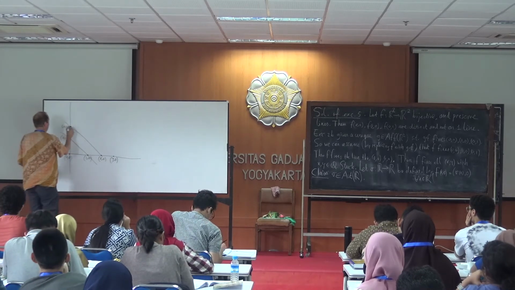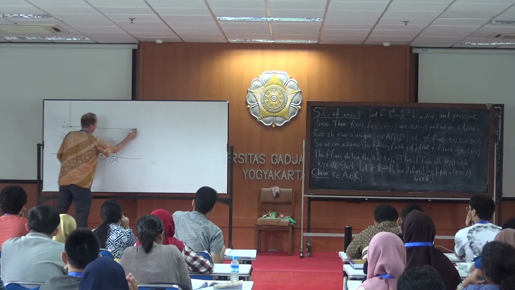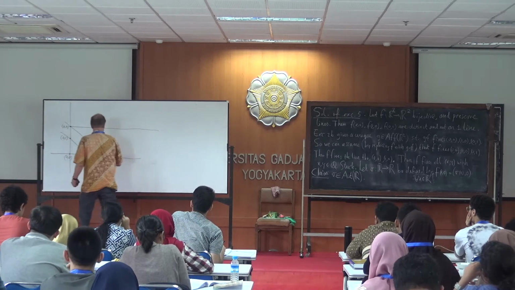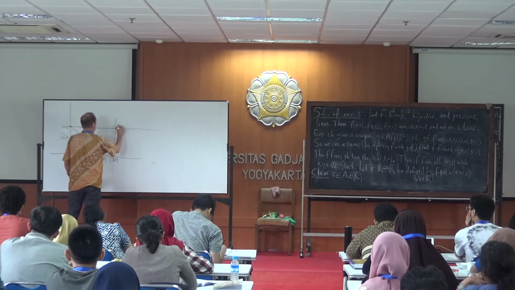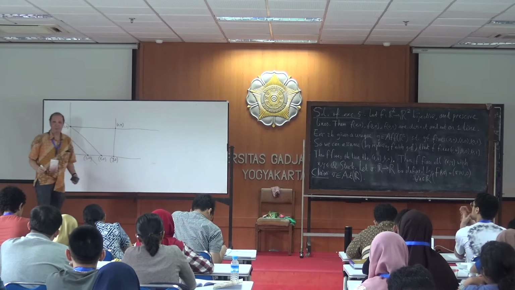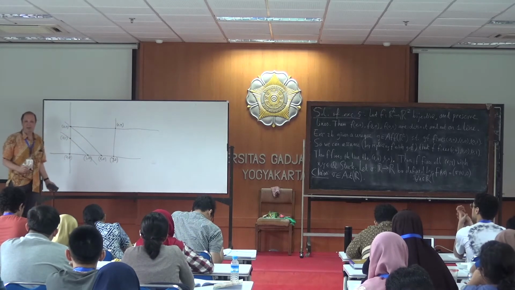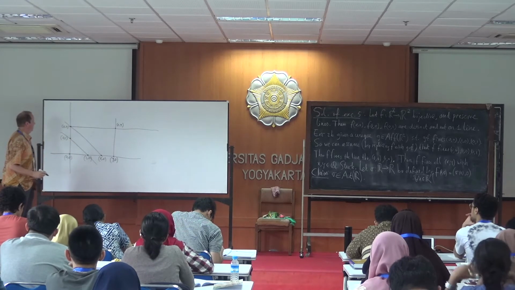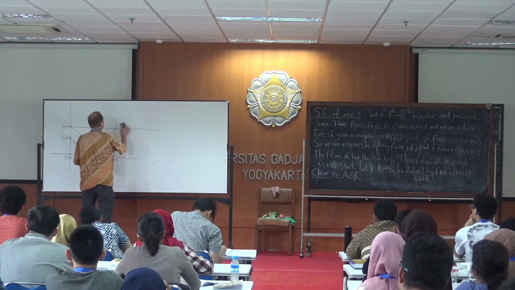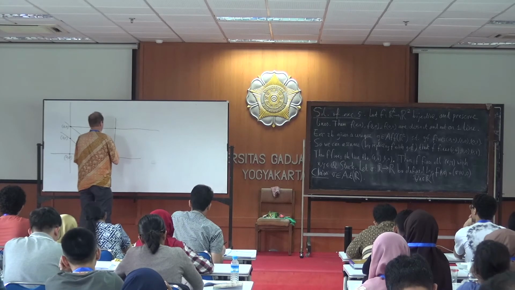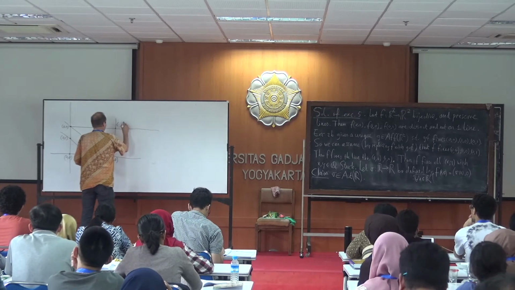Now I draw the horizontal line through this, and I take the vertical line through the point. Oh, y, x, very good. I knew that the coordinates were right, but maybe not in the right order.